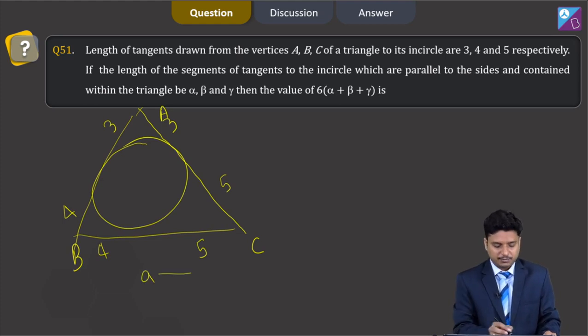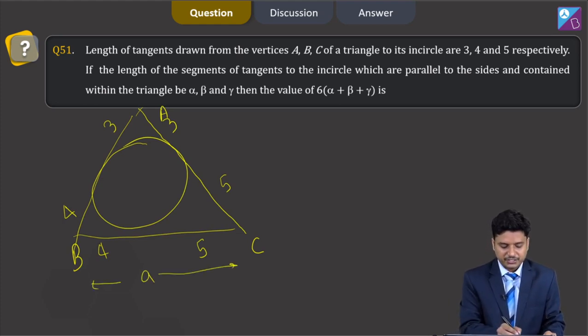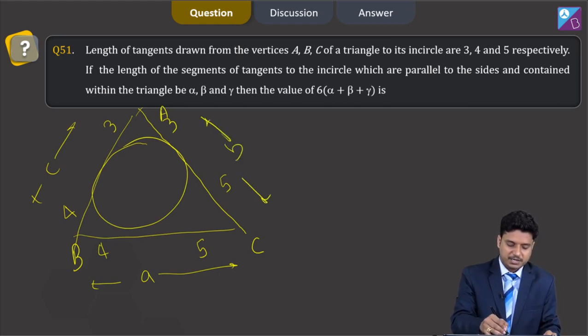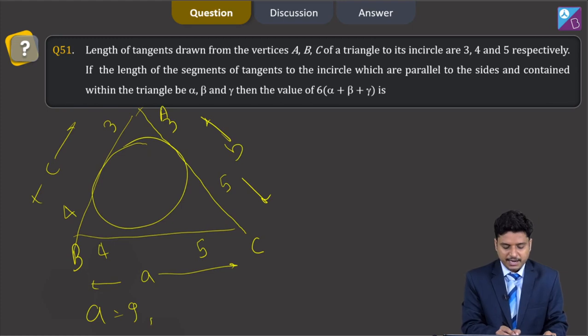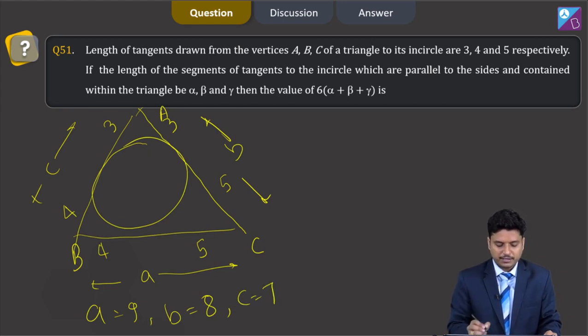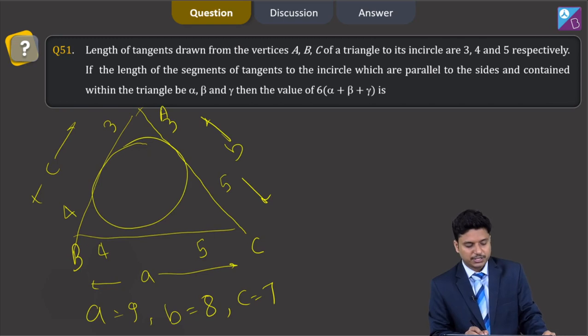So BC length is suppose mentioned as a in a traditional way, AB can be considered as c and AC can be considered as b. So your a is basically 9, b is basically, the CA is b, so b is equal to 8 and this c is equal to 7. These three are the sides for this triangle.